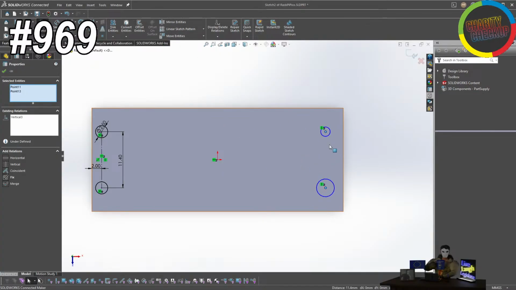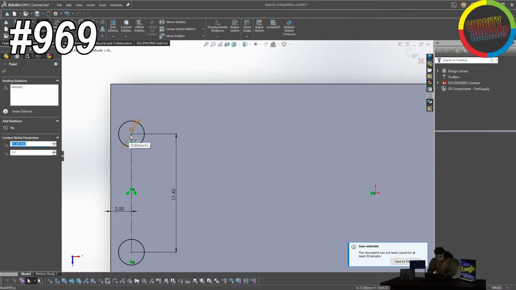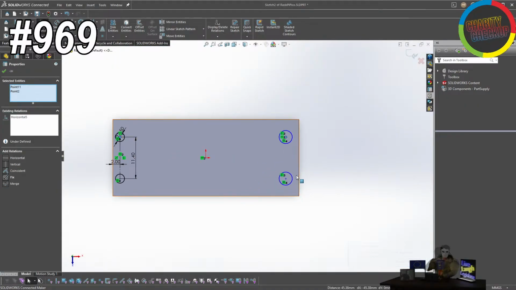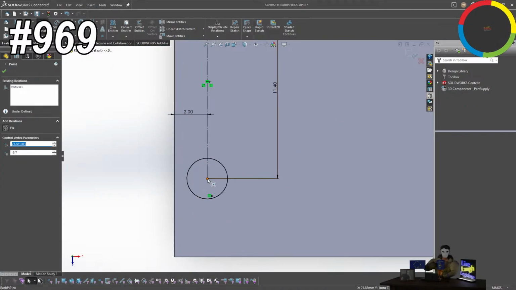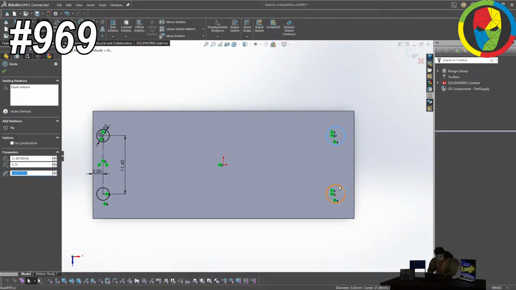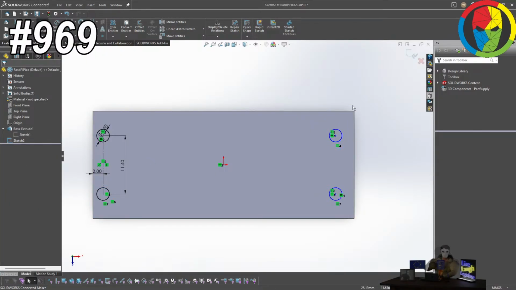These two have to be vertical, these two have to be equal, these two have to be horizontal, and this has to. Okay, brilliant.